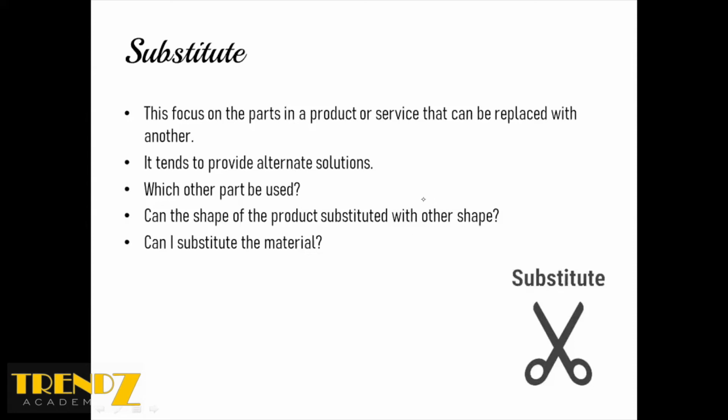Or maybe can I change the material? Can I change the form? Instead of making it liquid, can I convert it into ice cubes? Yeah, obviously triangular tetra packs. So this is substitute, the S for SCAMPER.